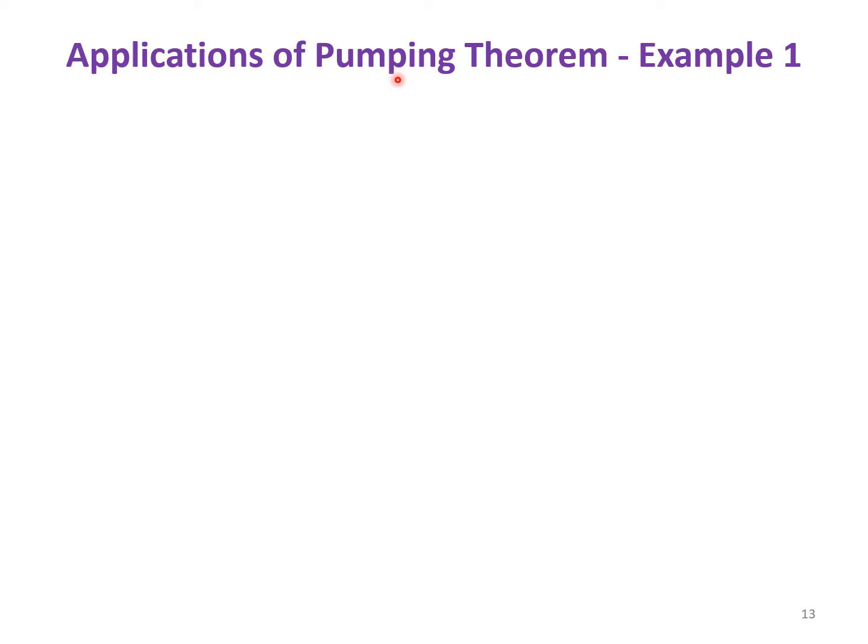Let us see how to apply the pumping theorem on a given language to prove that the language is not regular. The first language given is a raised to n, b raised to n, where n is greater than or equal to 0, and we are supposed to prove that the language is not regular.